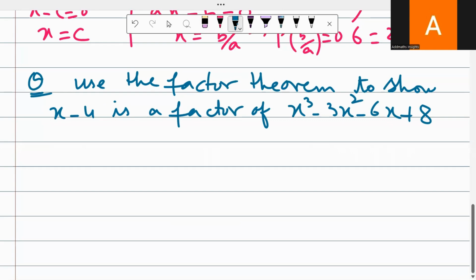Now it is given that the key word is you have to use the factor theorem.